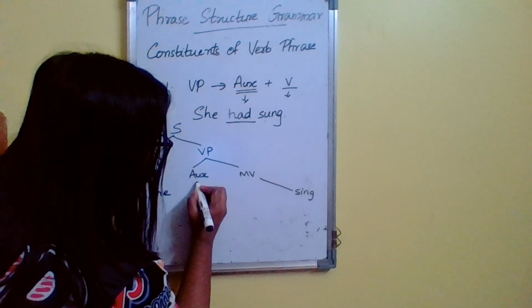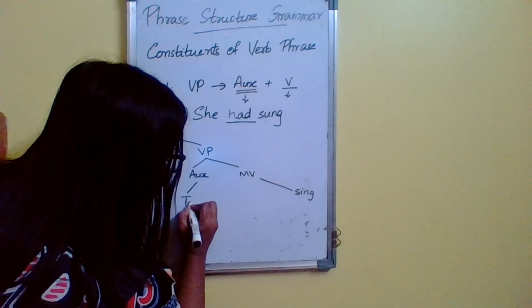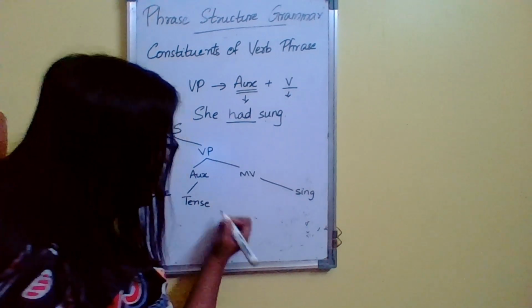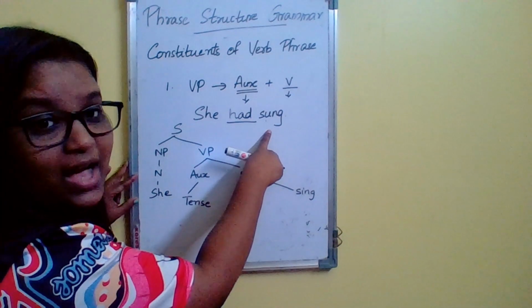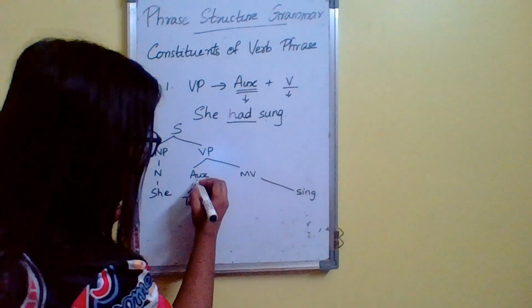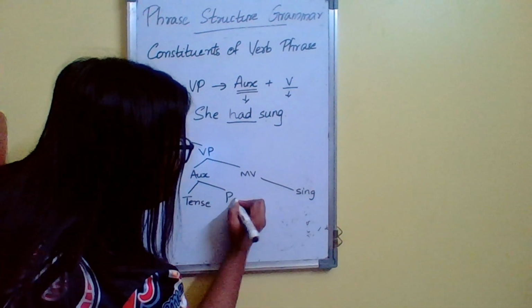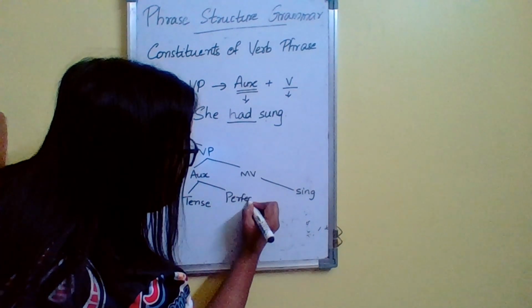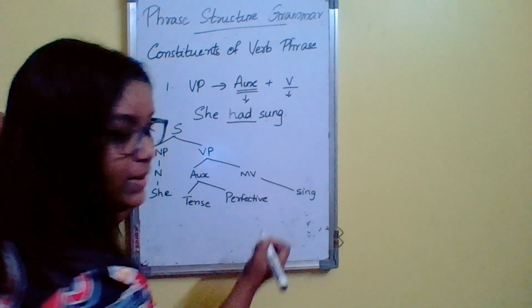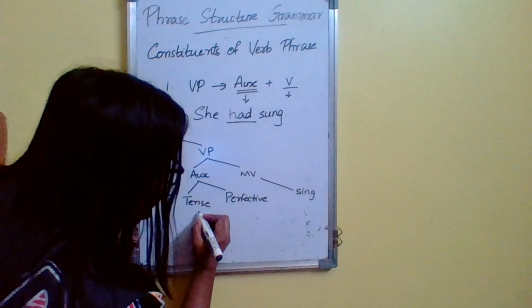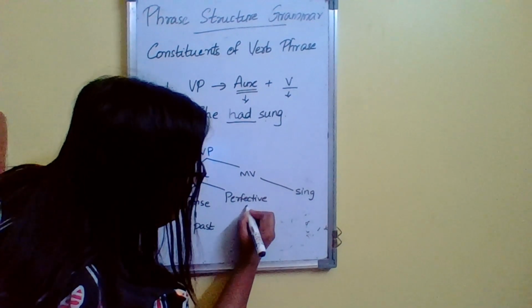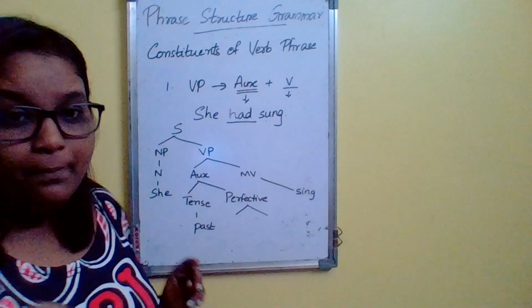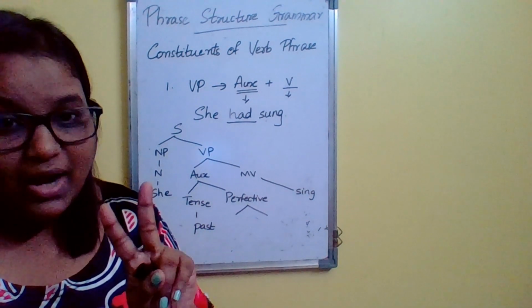So first of all, auxiliary is tense. We have to show what tense it is. It is past tense because it is sung here. Okay, it is past tense. Then we have to show that it is perfective. The verb is in the form of perfective. So the tense here is past tense. And whenever you see perfective, perfective has two parts actually.